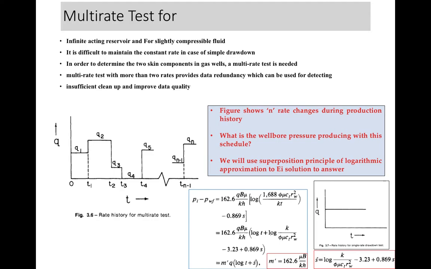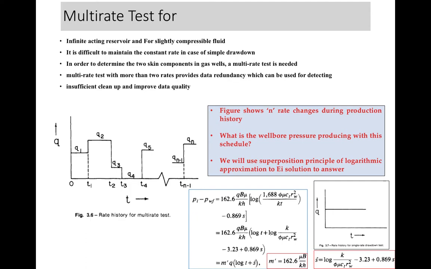And therefore, if you want to estimate the real conditions or real properties of the reservoir, you need an understanding of how the multi-rate test can be taken properly to estimate the reservoir properties, right? So this needs to be understood.